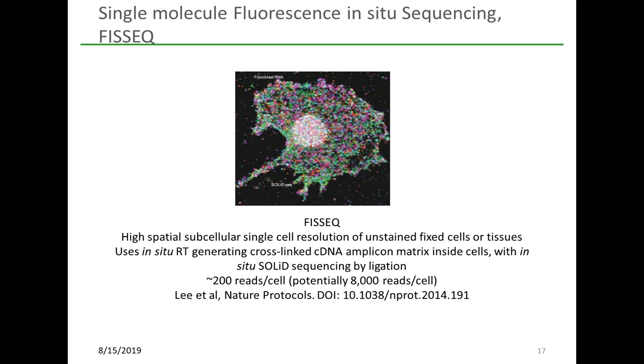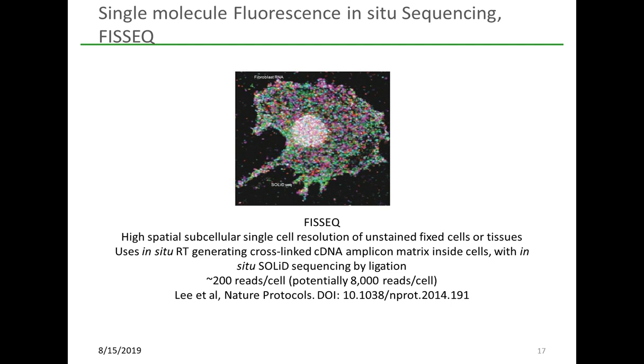And finally, FISSEQ, which is fluorescence in situ sequencing, a single molecule method where you can look at subcellular gene expression. And so this is in situ sequencing, so it is slower than the other methods in terms of having to actually sequence the image rather than collecting sample from the tissue and then sequencing offline.